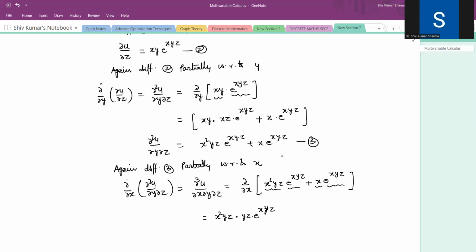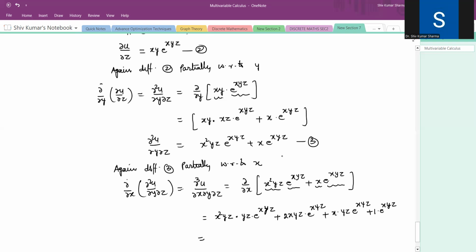Plus differentiation of the first term: here we have x square, and differentiation of x square is 2x, with yz as it is and the second term remaining the same. Plus we write the first term as it is, and differentiation of the second with respect to x, we treat y and z as constants, and differentiation of this will be yz e raised to the power xyz. Plus differentiation of x is 1, and we write the second term as it is.